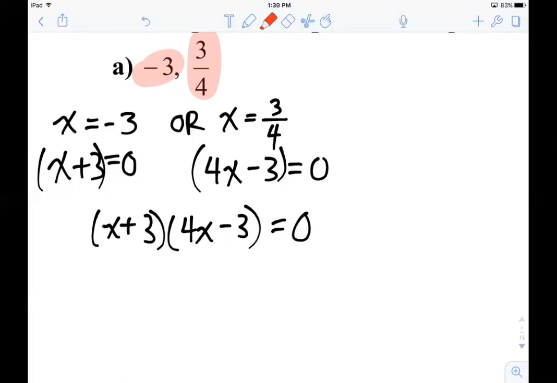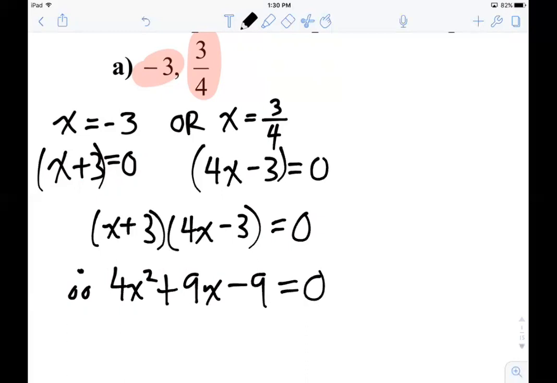The only last thing we have to do, though, is find it in its full expanded form. So now that we have these two separate factors, we can expand it all out and simplify. So after a little bit of expanding and simplifying, we would get 4x squared plus 9x when we combine a couple middle terms, and then minus 9, all still equaling 0 on the other side.